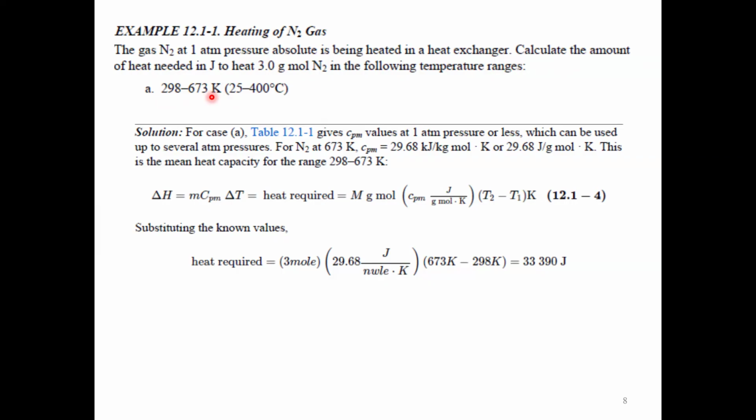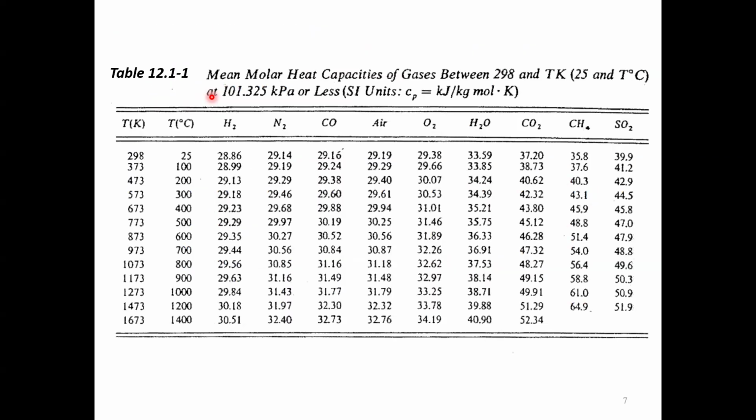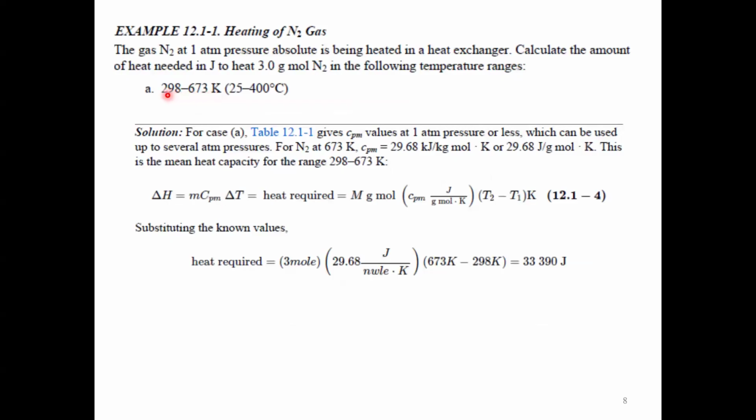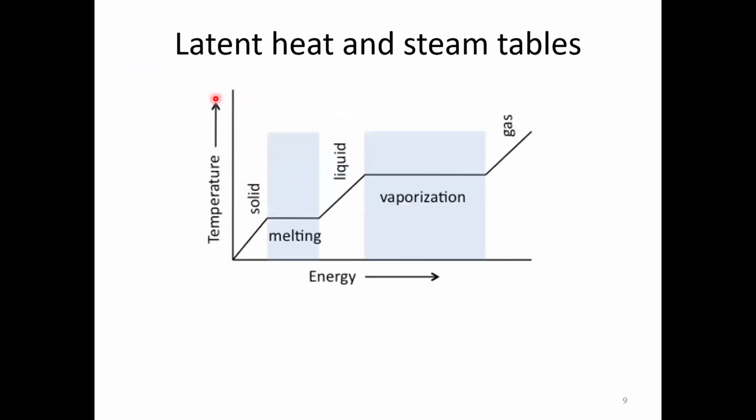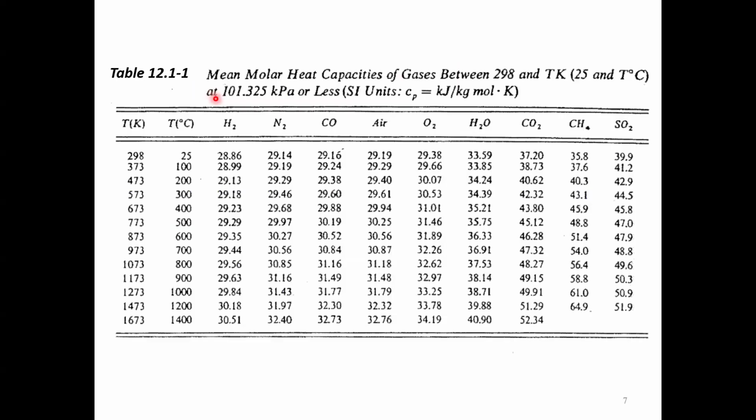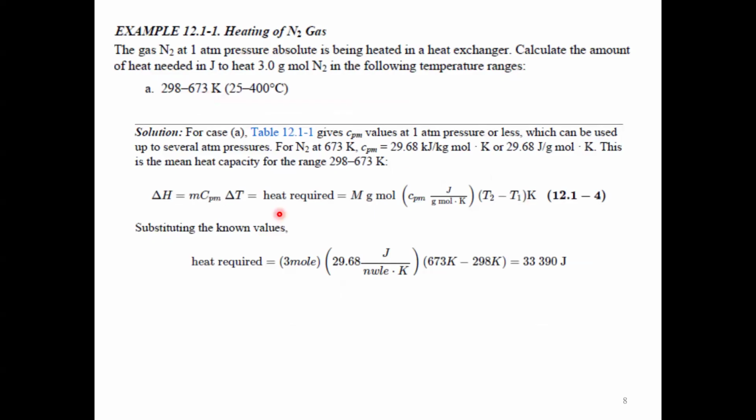So let's go back to the table. The temperature is between 298 and 673. So 298 is over here and 673 is over here, and in the row of 673 we see 29.68, and 29.68 is indeed the mean molar heat capacity between these two temperatures.